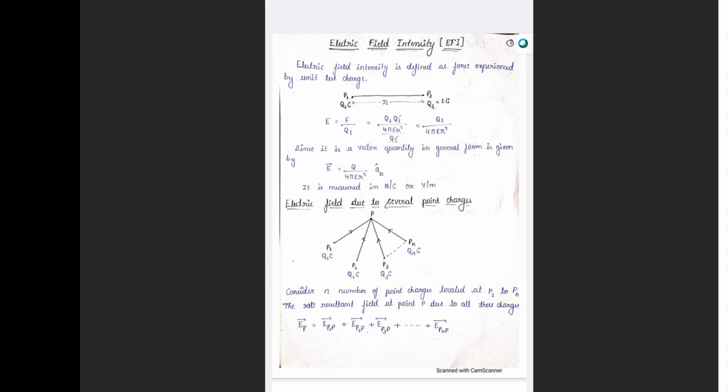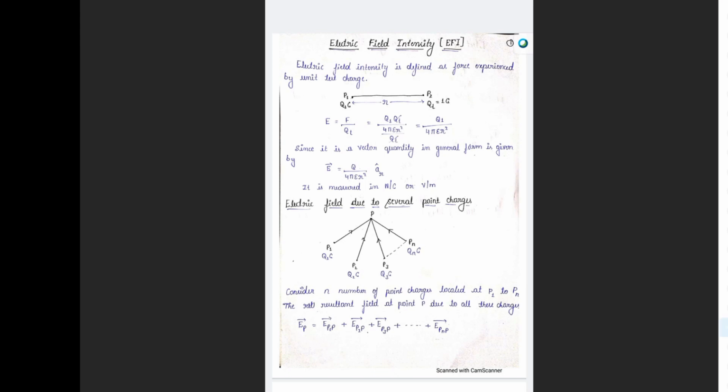The test charge is assumed to be a unit positive charge, so its value is assumed to be 1 coulomb here. You have to consider 2 points P1 and P2. At P1 you are considering Q1 charge and at a distance of R meters at P2 we are considering another charge QT, that is called the test charge. This test charge is assumed to be 1 coulomb, which is a unit positive charge.